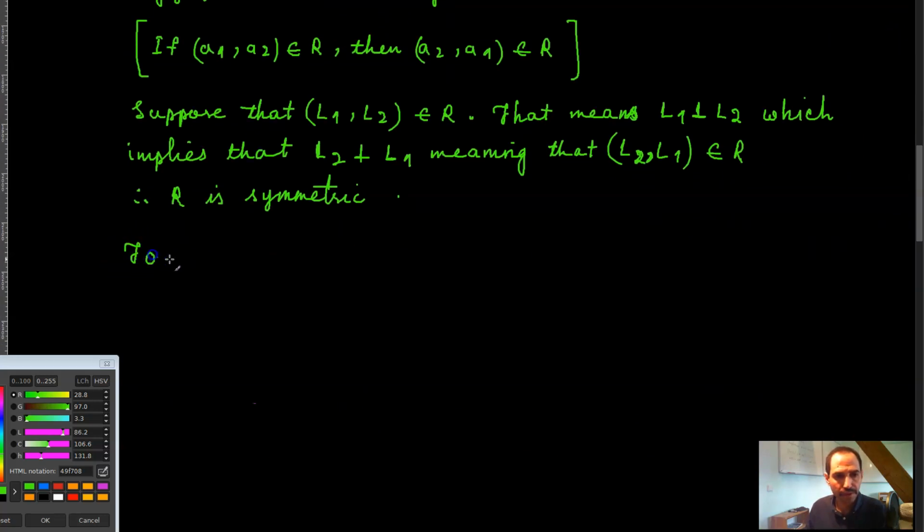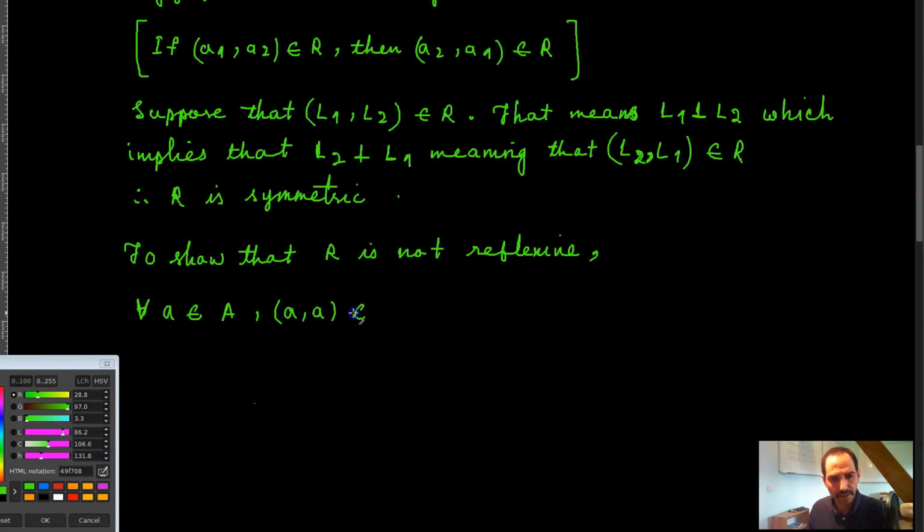To show that, first of all, the condition for being reflexive is that for any A belonging to the set A, then (A, A) has to belong to R.